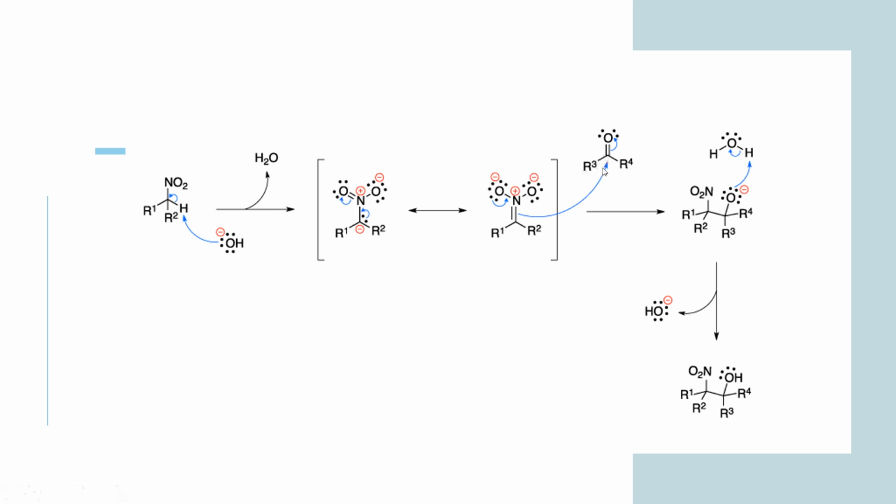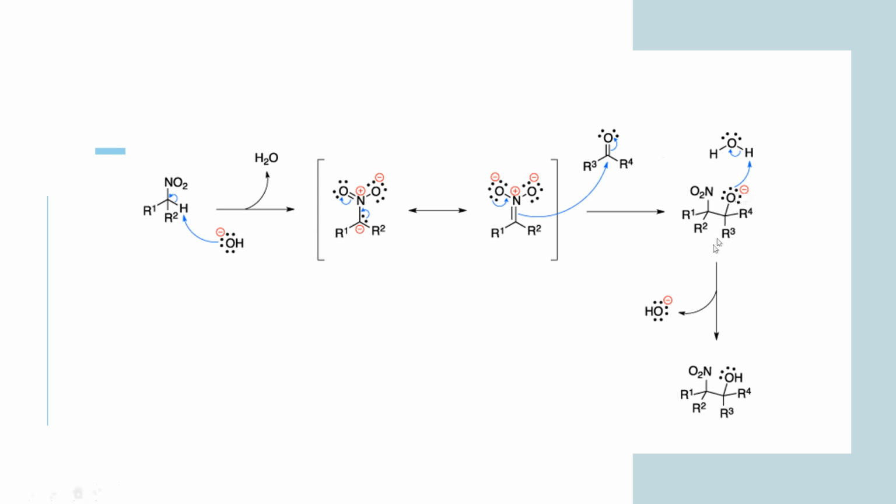Nothing is changed, just this substituent is changed, but mechanism wise it is exactly the same. After forming the carbon-carbon bond, since we are pushing the electron pairs towards the more electronegative oxygen, we have the oxyanion.